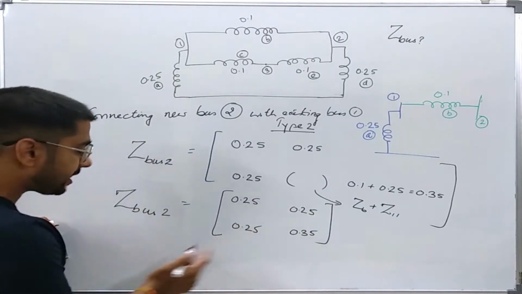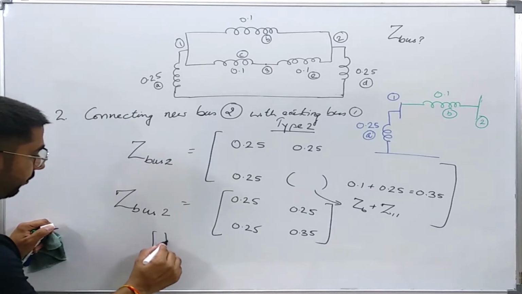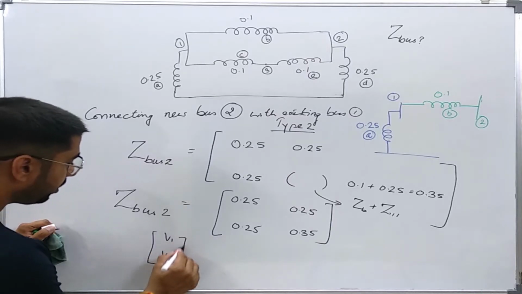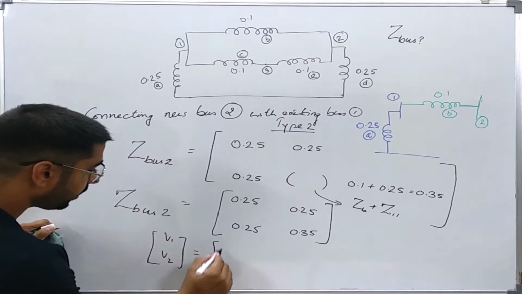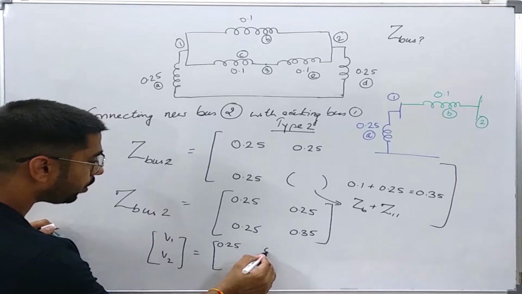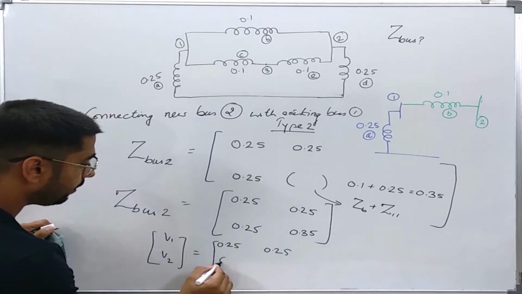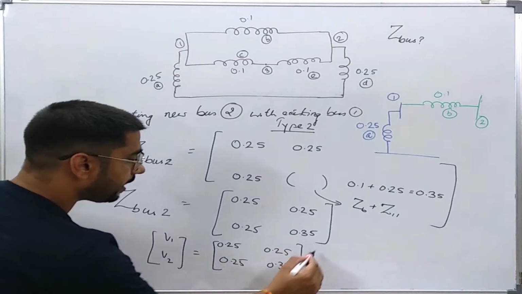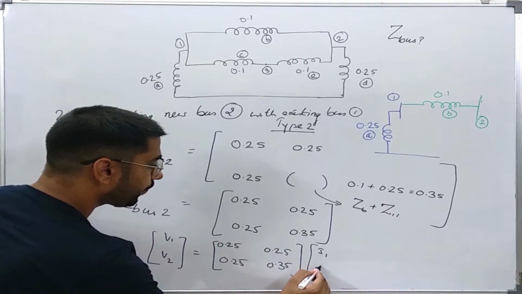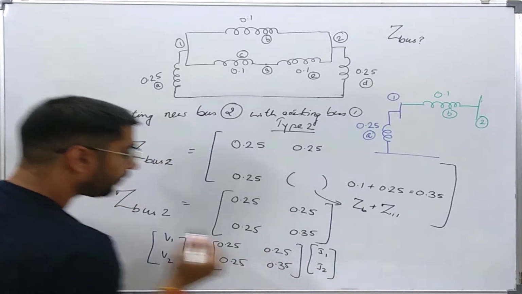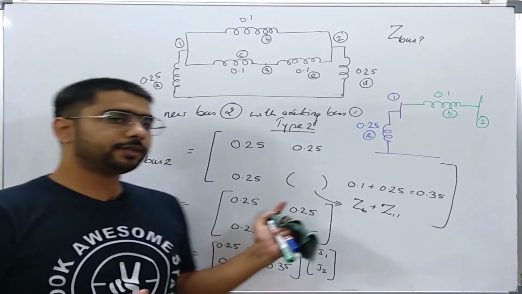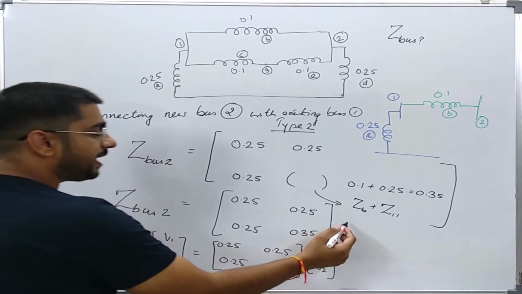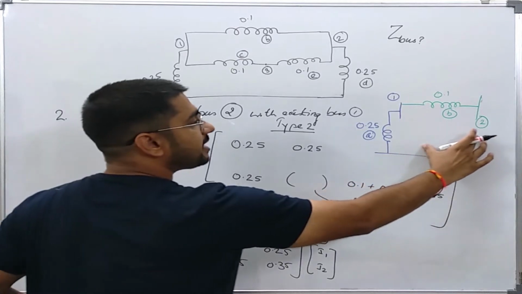The network equation will be V1, V2 equal to 0.25, 0.25, 0.25, 0.35 times I1, I2. Up to this step we have determined the bus impedance matrix for this network.